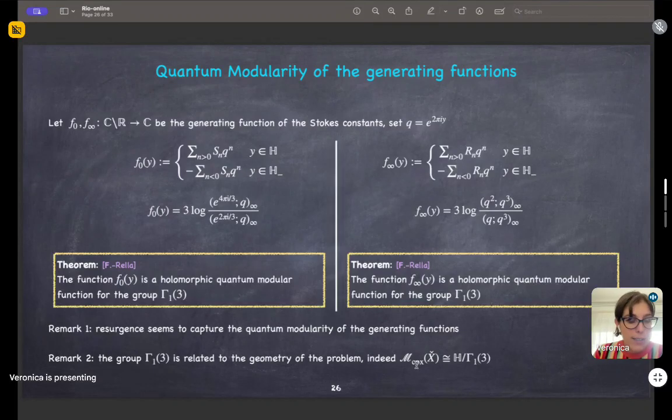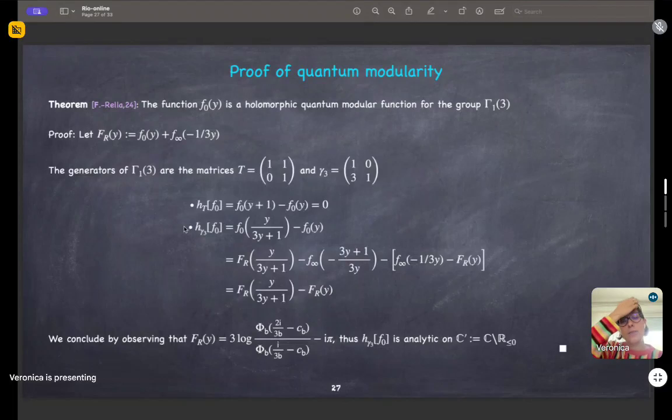But okay, let's take a look at the proof, and I will just give it in one example because it's really symmetric in a sense. So let's look at the example at 0. In this case, let me define this function F_R as the following combination of the two, F_0 and F_infinity: the generating function of the Stokes in one regime and the generating function of the Stokes in the other regime. Why am I doing that?